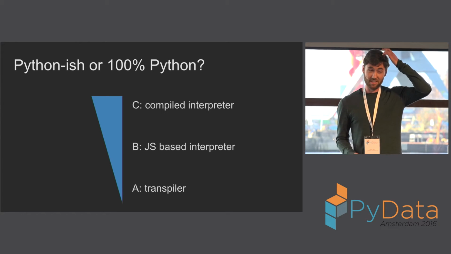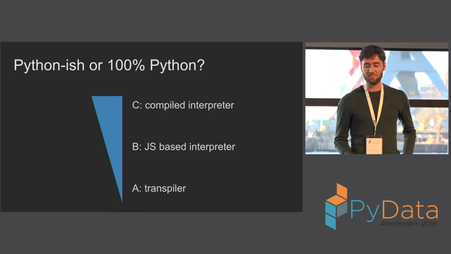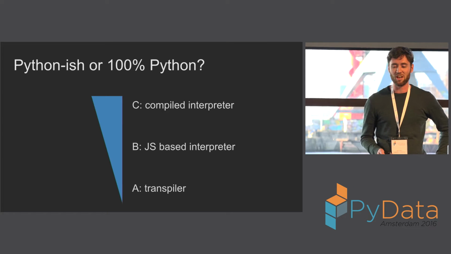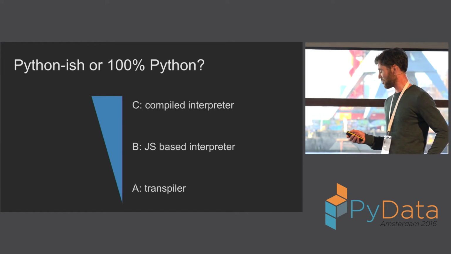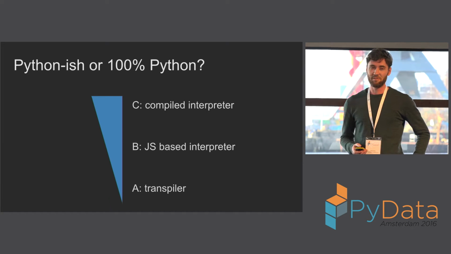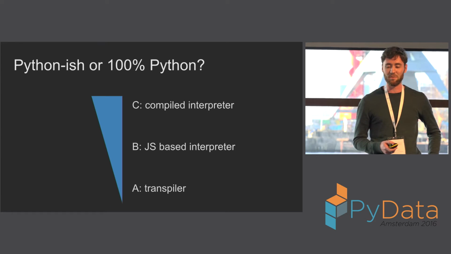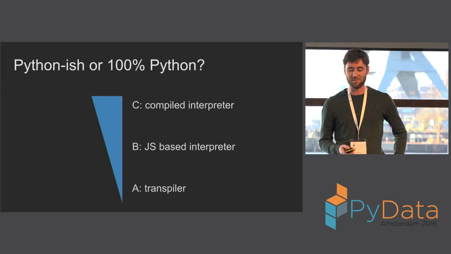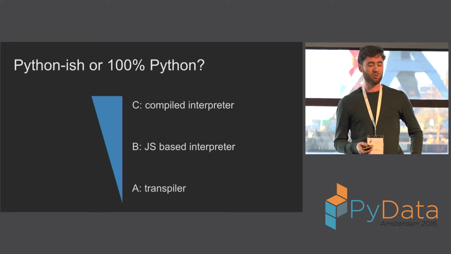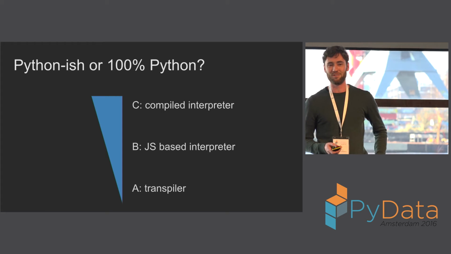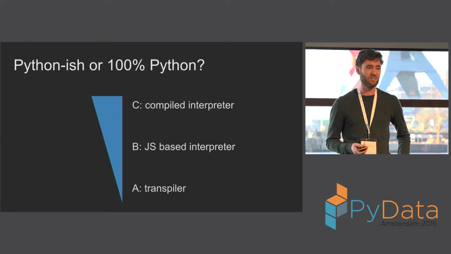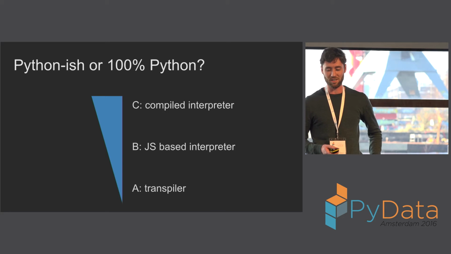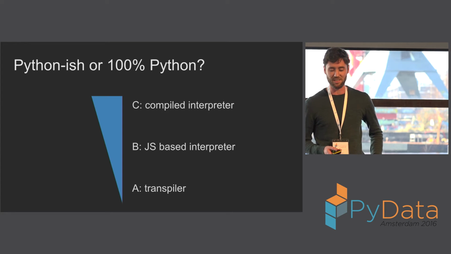So we have these three categories, and we can compare them using different measures. For instance, how Pythonic is such an approach. Well, I already mentioned this along the way to some extent. If you have this compiled interpreter, this is something that's genuinely Python. The JavaScript-based interpreters will be quite Pythonic, but at least in the current implementations, they don't have all the features that CPython has, so they are not complete in that sense.